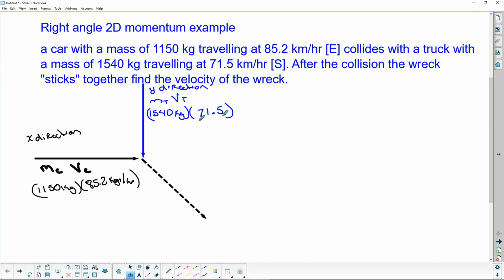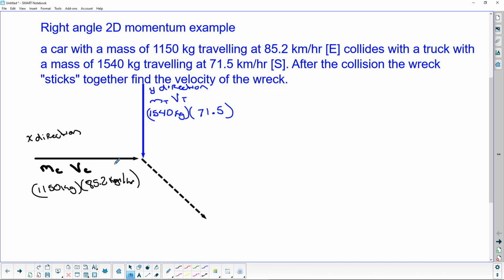Now that's going south. If we want to keep track of directions, we know it's going downwards, negative direction, but we can do that when we combine them. So this is our initial momentums. We've got an initial momentum in the x and initial momentum in the y.